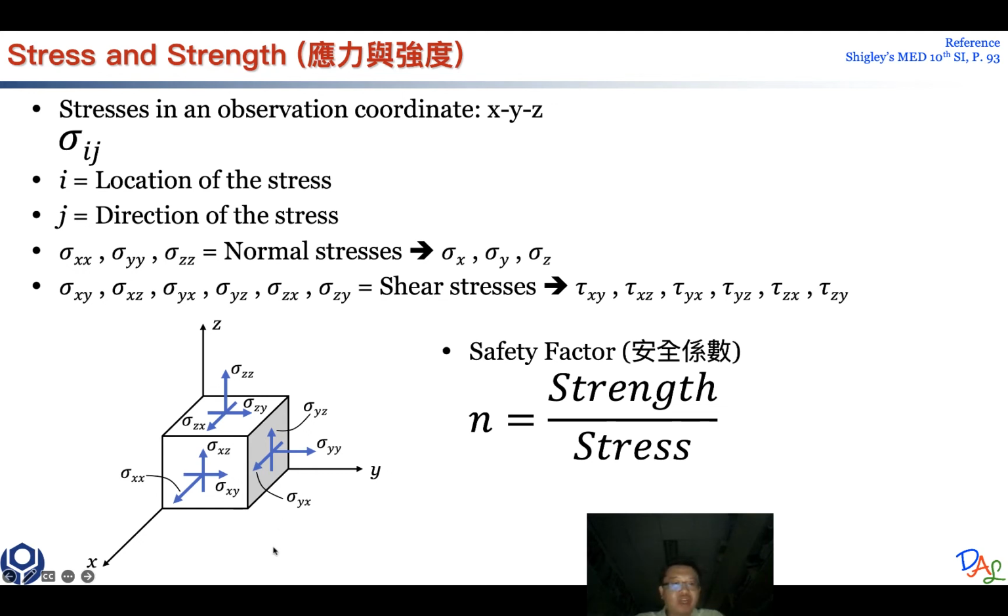So from here, we can already see we have 6 stresses that are applied on the surface and 3 normal to the planes. So we call those 3 normal stresses, and the other 6 that are applied on top of the planes, we call them shearing stresses, because they are responsible for this kind of shearing motion.